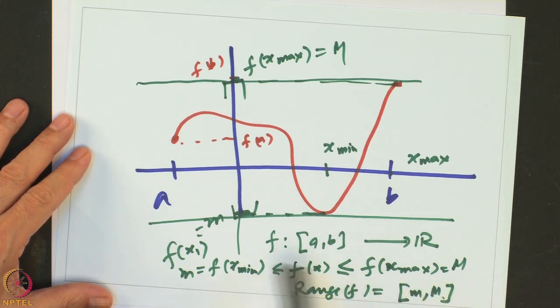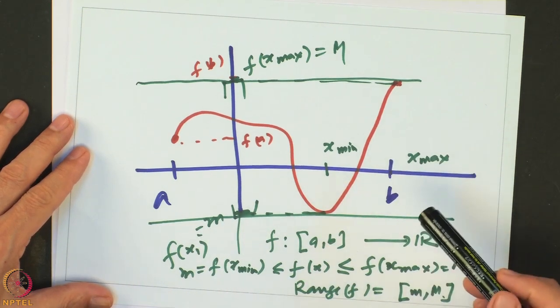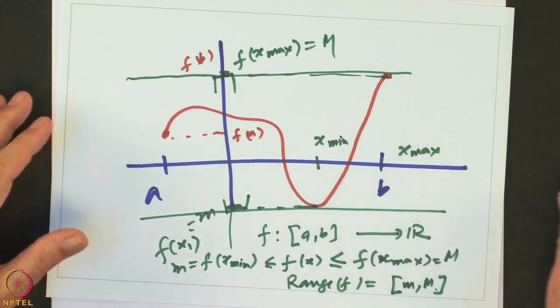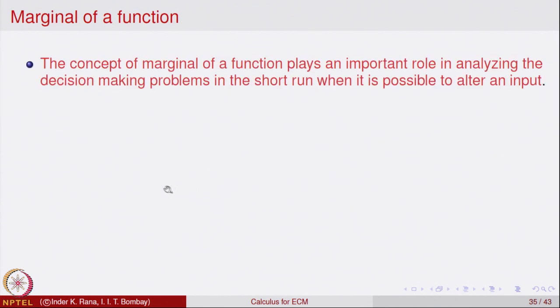So, there will be a point x min which will be equal to small m and x max which will be equal to capital M. So, one way of understanding this theorem is that a continuous function on a closed bounded interval is bounded and attains its maximum and minimum values. So, we will see applications of this theorem later on when we want to do optimization problems in economics, commerce and management problems. So, this is what is called the min-max property of continuous functions, right.